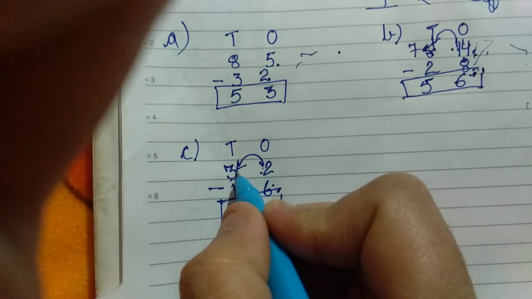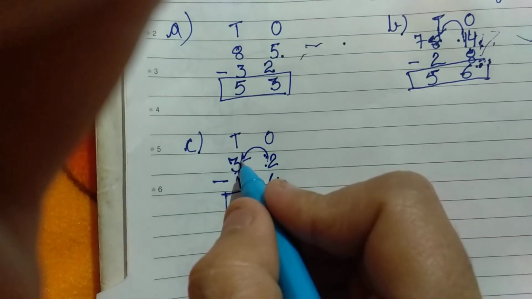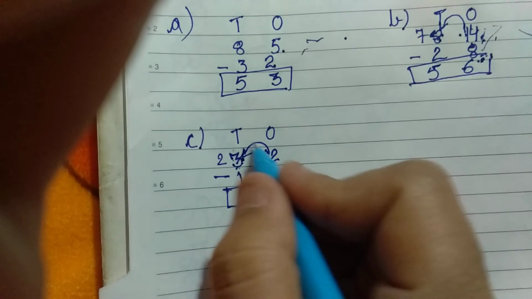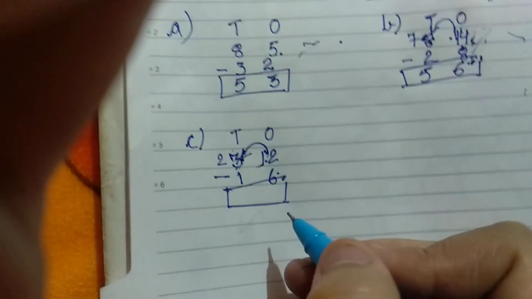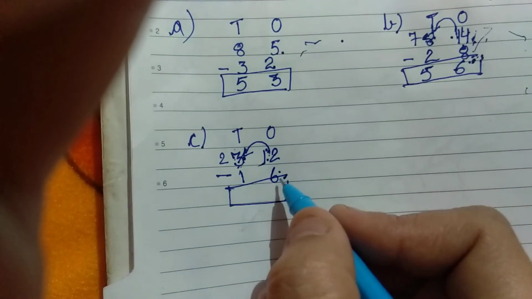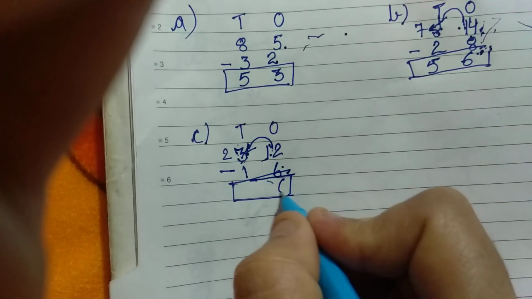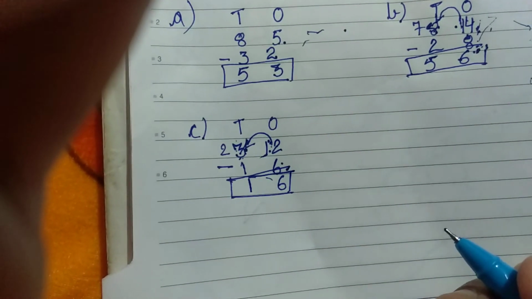Knock knock. Can you give me tens? So it can give. The 3 will become 2 and it will give tens to them. So 2 will become 12. Now we can easily subtract from 12. 6 can be subtracted, so the answer will be 6. Now 2 minus 1, 1. So 16 is the answer.